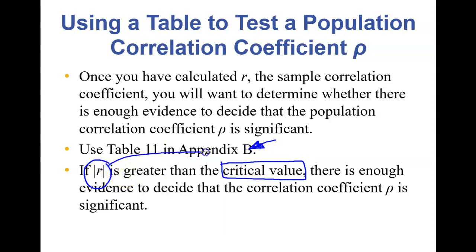So you compare your r to the critical value, and if r is greater than the critical value, then there is enough evidence to decide that the correlation coefficient is significant.